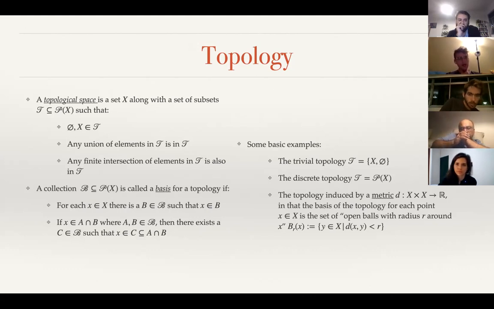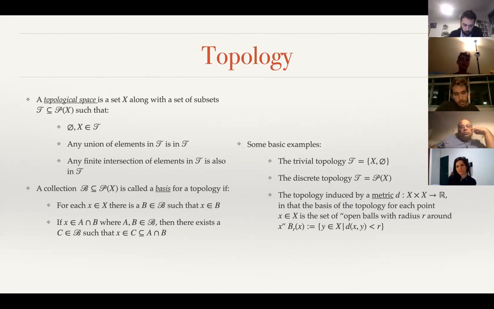Just really quick, a sub-collection of sets we call the basis. Basically, for any x in the set, it's contained in some element of the basis. And for any x in an intersection of two things in the basis, there is another basis element containing x that lies in the intersection.